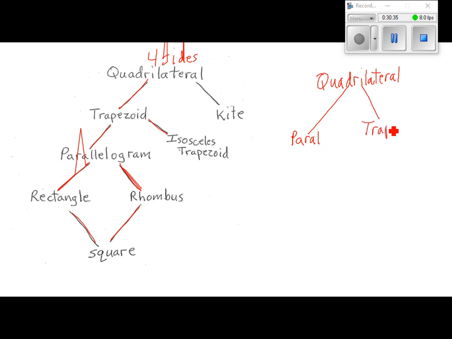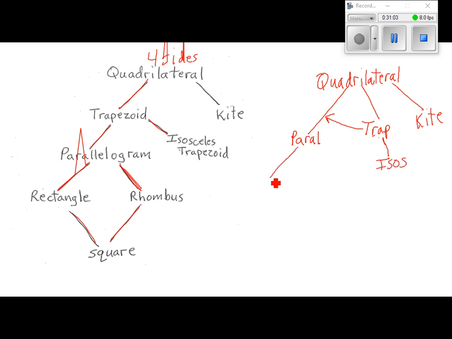Some of the new books, it's sort of a thing that they've changed in math, they put trapezoid over here in the hierarchy with some of the other four-sided figures. In the old stuff, trapezoid was sort of by itself. If it wasn't either one of those two, then you check to see if it was a kite. If it was a trapezoid, you check to see if it was isosceles or not.